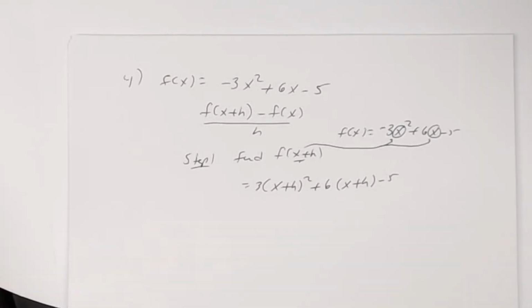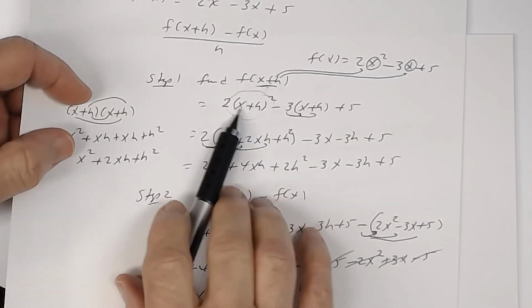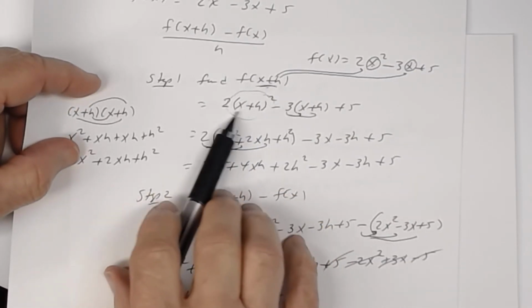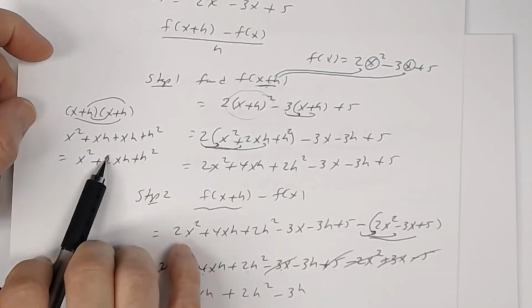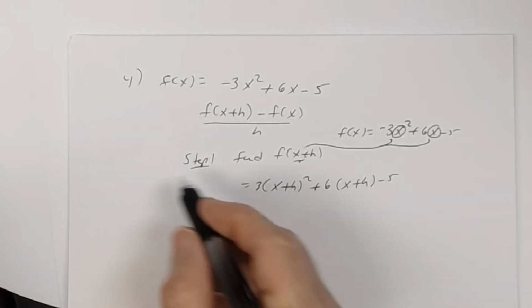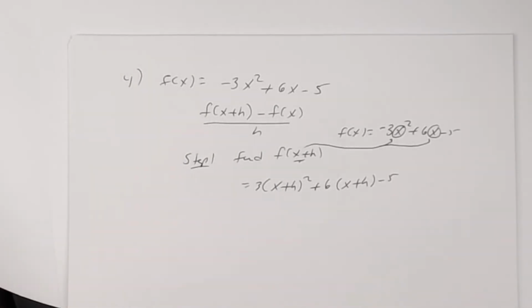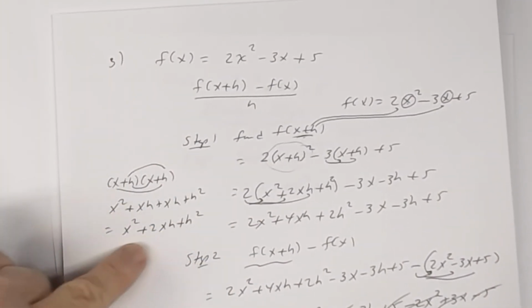Now again, just like we did with this one, you have to get rid of the parentheses, but remember you got to square first and then multiply. So that's where you do this part here. I want you to notice though, this part, x plus h squared, will always be the same as with every other quadratic function. You're always going to get the same trinomial.